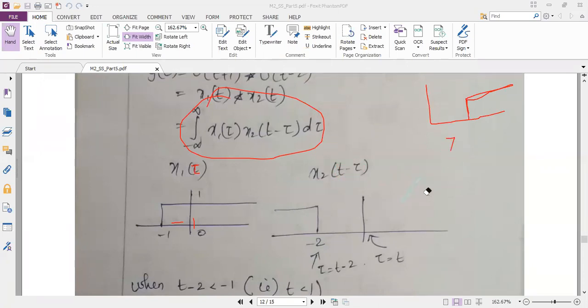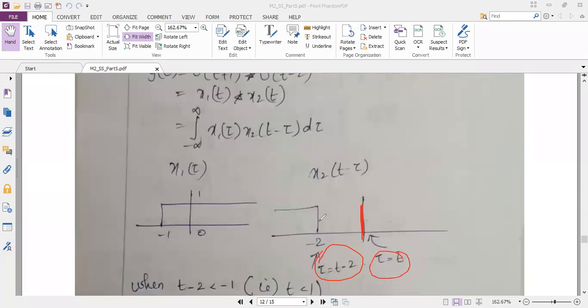So now, since the graph is not starting at origin for the second one, I have to locate the tau value exactly here. If you see the very first problem, I was stressing this point. See, the graph is starting at origin, so tau is equal to t, I said. But here the graph is not starting at origin, it is starting at -2. So this location is important.